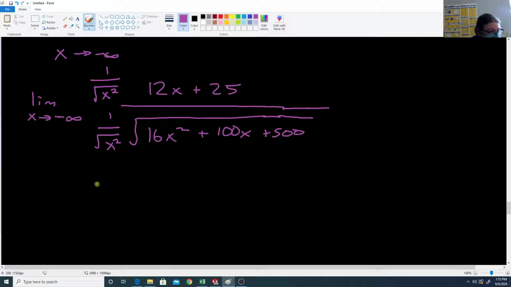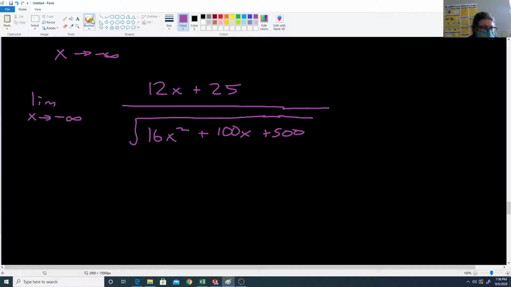In the top, we'll distribute this to the top and to the bottom, and what's going on here is this is supposed to be 1 over x. No, I'm messing this up. Let me reset it. Let's do this in a couple of steps.